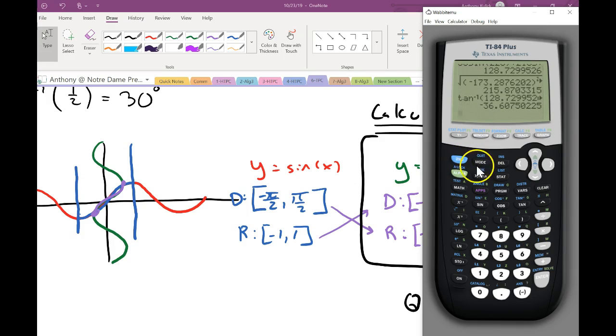So if I do sine inverse of 1/2, it's going to give me 30 degrees. It's never going to give me 150 degrees. But I know that sine of 150 is equal to 1/2. So that 150 is an answer to sine inverse of 1/2 equals some angle measure.